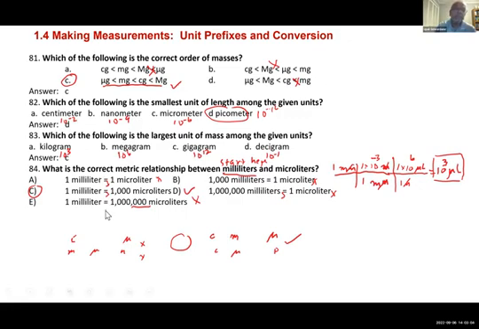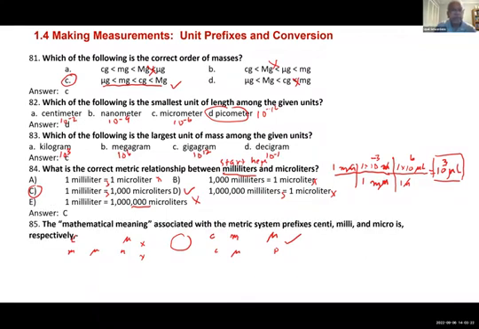This is wrong because when you do the calculation, it's 10 to the 3 microliters. 10 to the 3 is 1,000. This is million. So therefore, that's wrong. It's the right order, but the wrong number. Mathematical meaning associated with the system: centi, milli, micro, respectively.